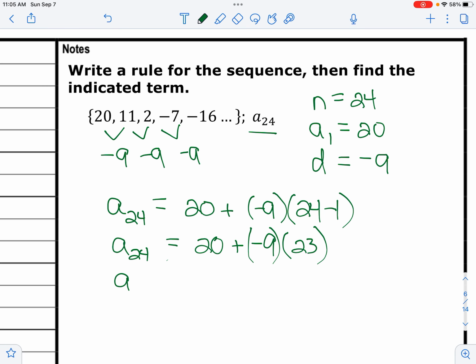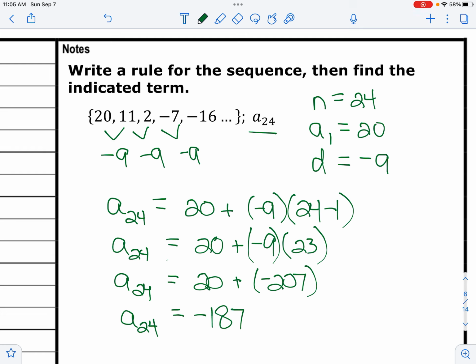So I know a sub 24 is equal to 20 plus negative 207. If we add those together, that's 187 to the negative side. All right. And there is the 24th term. And again, that looks like it would make some sense here as we're going down by 9 each time.